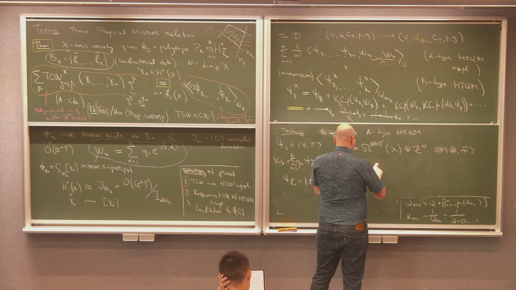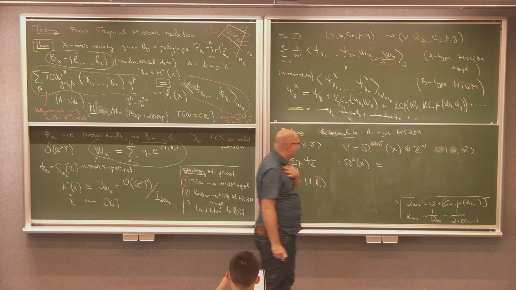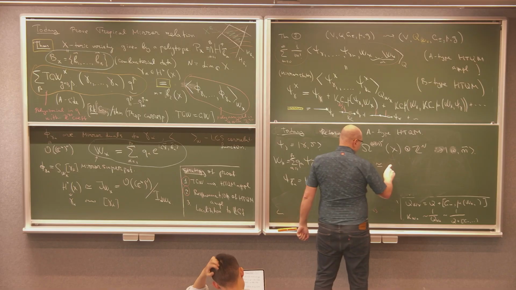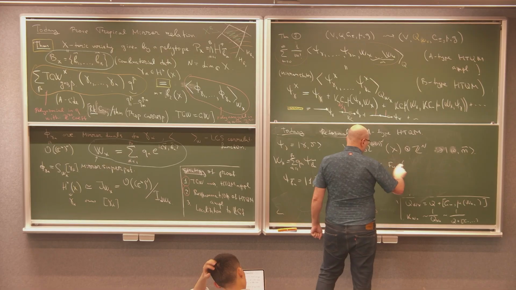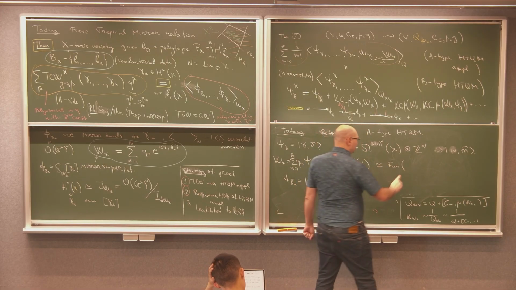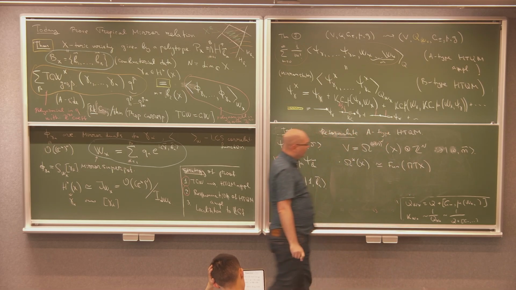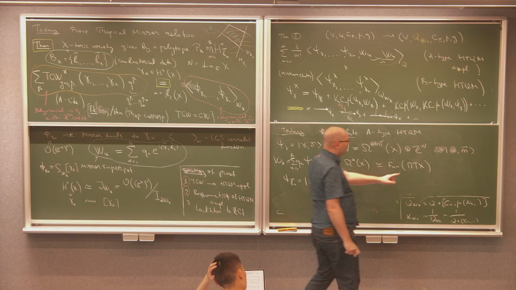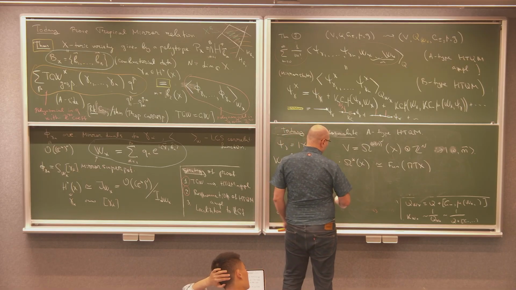I can say that differential forms on X, as a space, are isomorphic to functions on the following supermanifold: the tangent bundle to X with parity shifted by 1. This identification works in the following way.